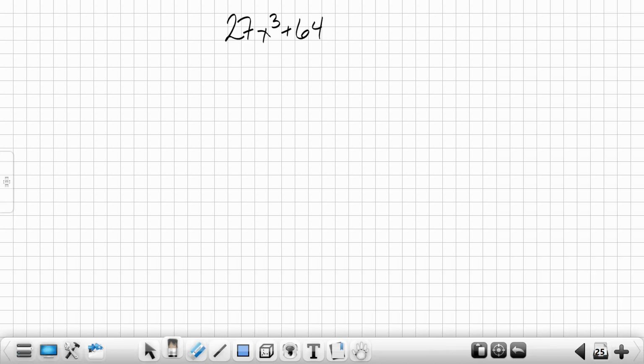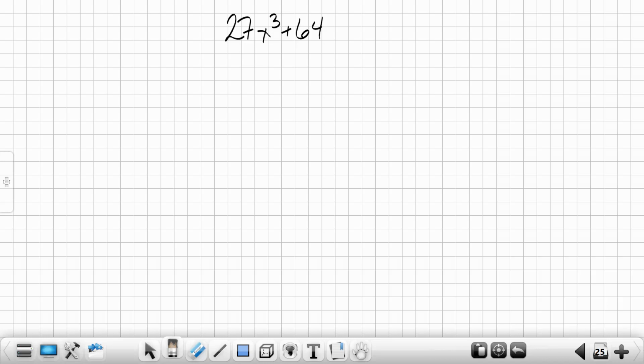Kelsey, out of all the special factoring patterns at the top of the page, which one might that match up with? Because we start off with a guess, a hypothesis, a conjecture, if you will.